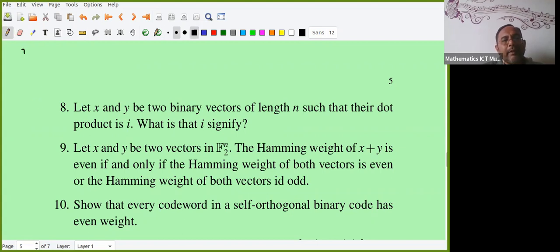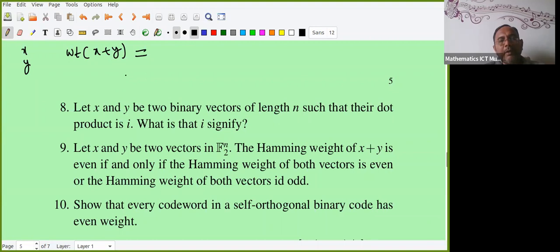I have two vectors x and y. I want to figure out what x plus y is equal to. Is it related to the weight of x and the weight of y? That is the question, right?